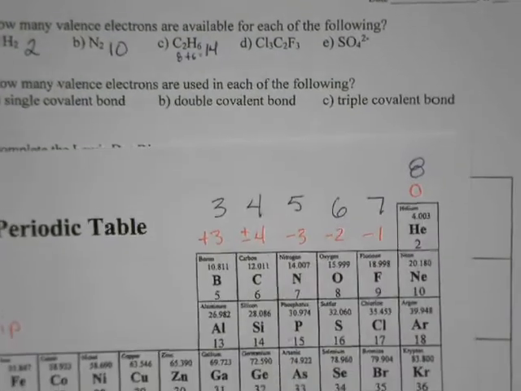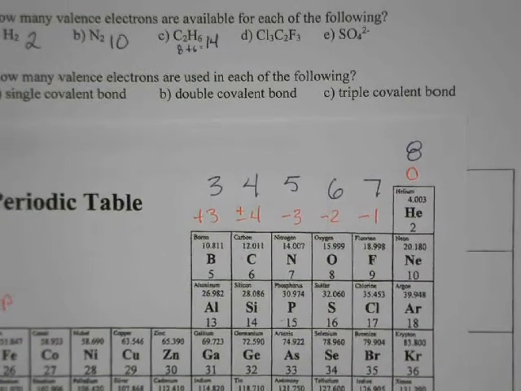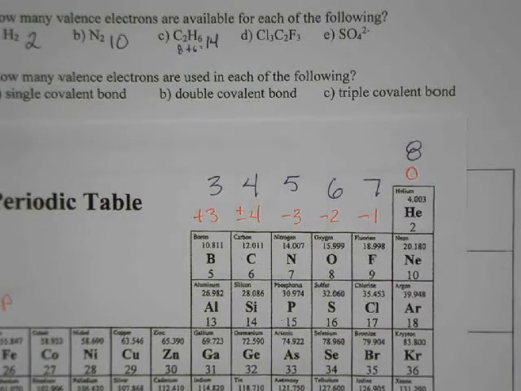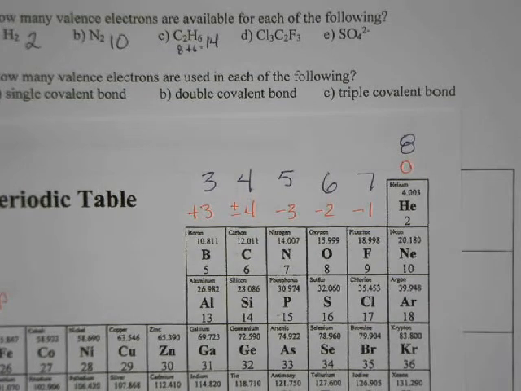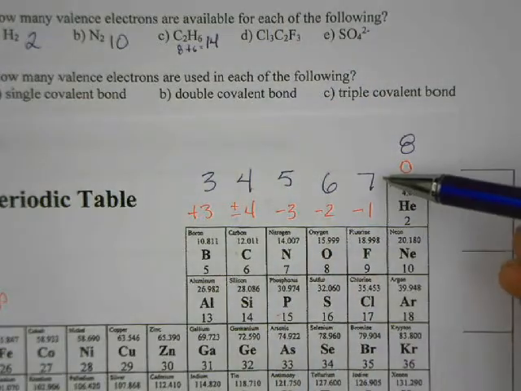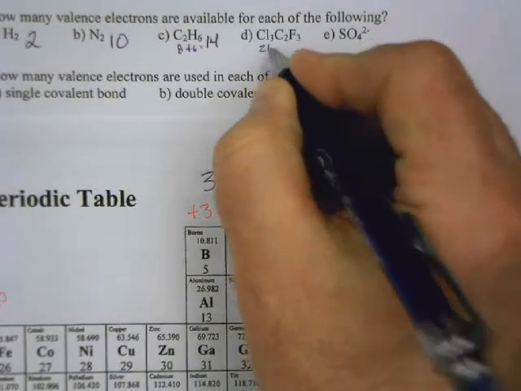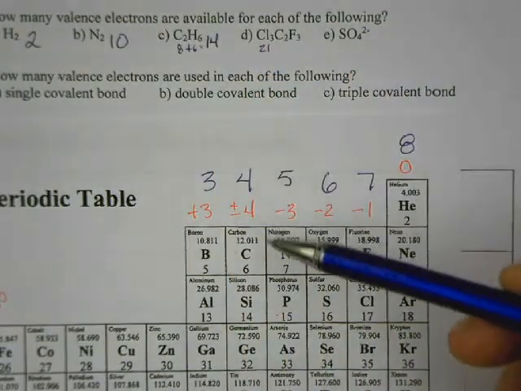All right, now a little bit trickier. C2Cl3F3. How many dots? Note, 3 chlorines. This is in the column where each one has 7. 3 of them would mean 21. 2 carbons.